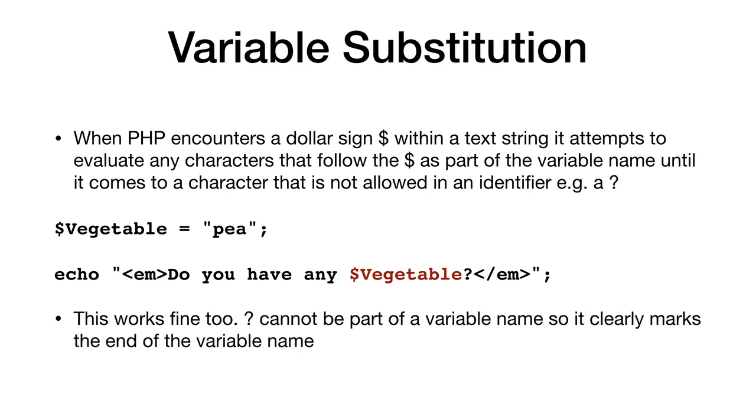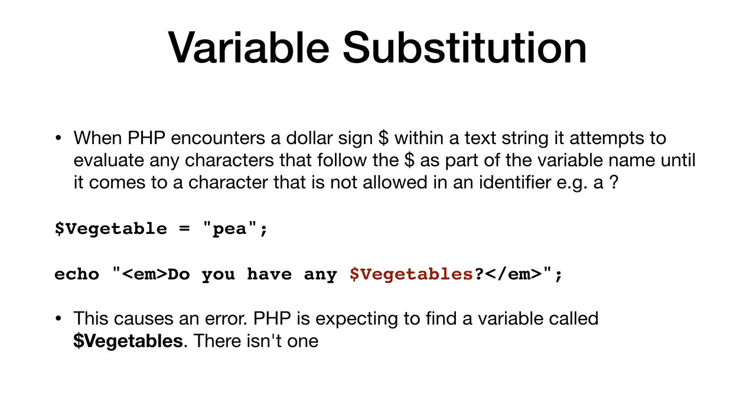However, if it wasn't a space, what would happen if it was a question mark? So, do you have any $vegetable? Not a great sentence, obviously, but pretty much the same thing would happen here. Okay, it sees the dollar sign, goes vegetable, question mark. Oops, question mark can't be part of a variable name. So I guess the variable name we're looking for then is the variable vegetable.